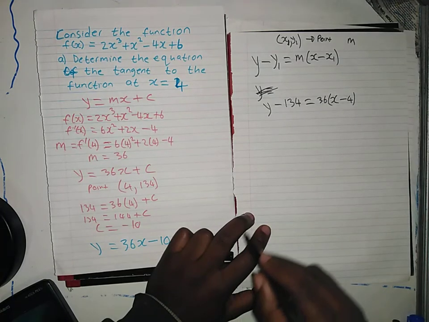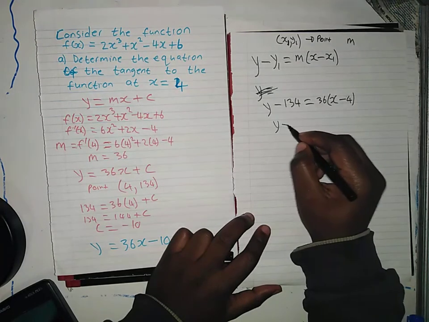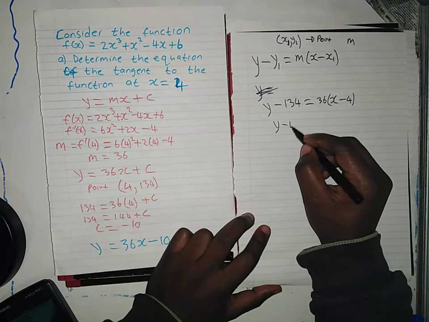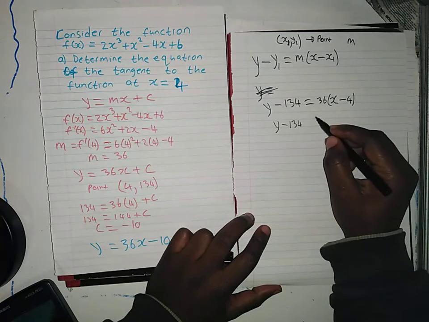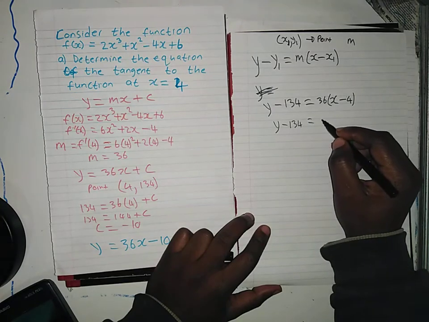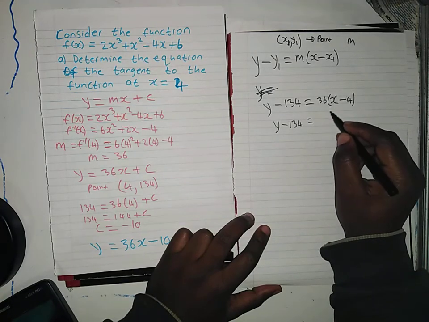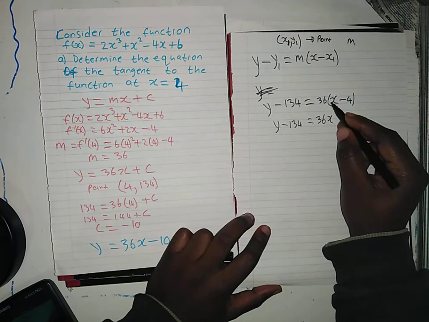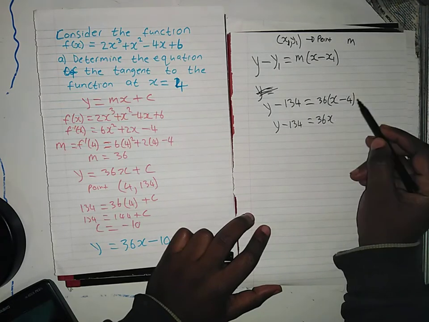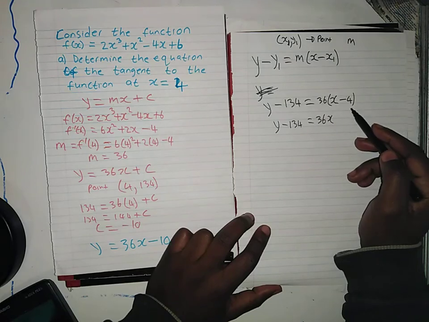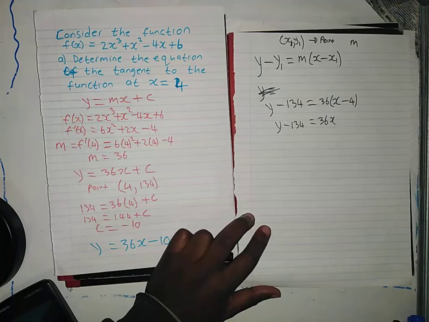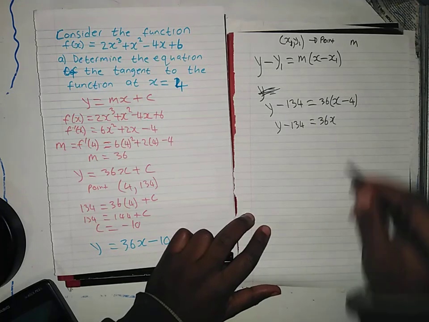Okay, and then what do we then do? We say y minus 134 is nothing other than what? So 36 times x is going to be 36x, and then 36 times 4 is going to be 144.